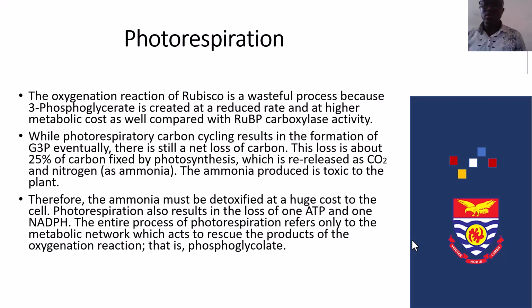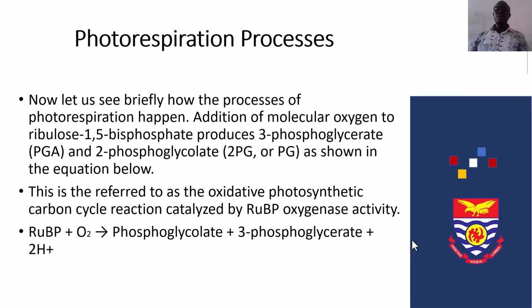The entire process of photorespiration refers only to the metabolic network which acts to reduce the product of the oxygenation reaction, that is phosphoglycolate. Now let us briefly see how the process of photorespiration happens. Addition of molecular oxygen to ribulose 1,5-biphosphate produces 3-phosphoglycerate (PGA) and 2-phosphoglycolate (2PG or PG) as shown in the equation below.